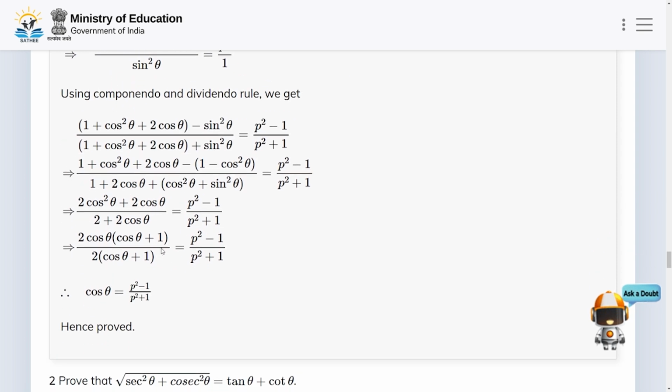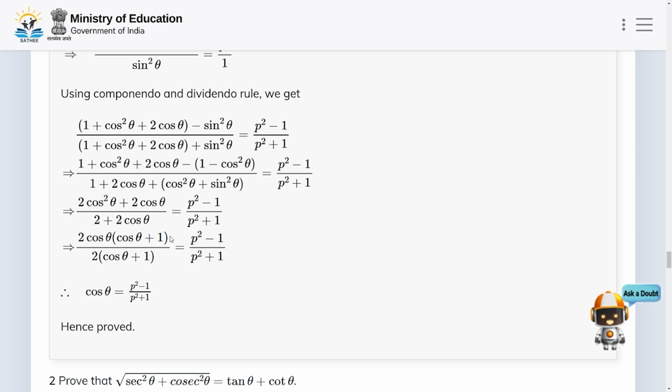We know the formula cos square theta plus sine square theta is equal to 1. If we put this value in the formula, we get (2 cos square theta plus 2 cos theta) divided by (2 plus 2 cos theta) is equal to (P square minus 1) divided by (P square plus 1), and it implies 2 cos theta times (cos theta plus 1) divided by 2 times (cos theta plus 1) is equal to (P square minus 1) divided by (P square plus 1).